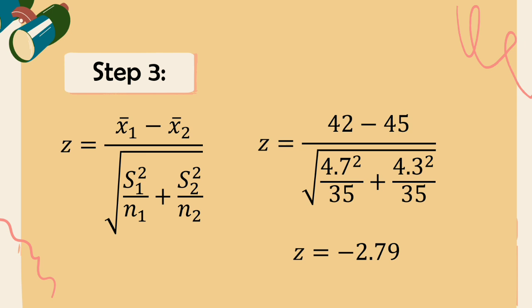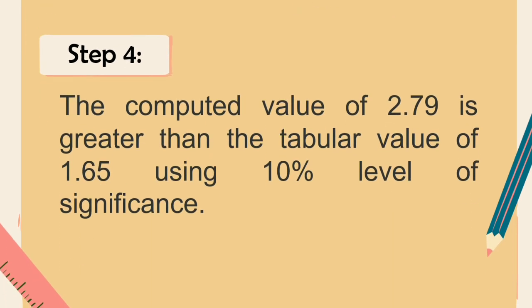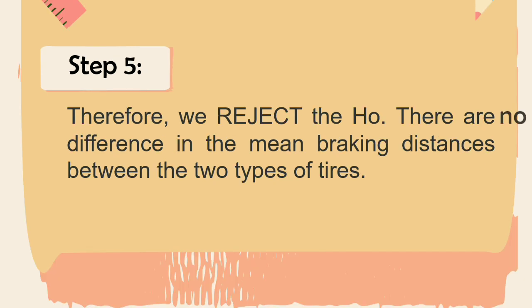Z is equal to negative 2.79. In step 4, the computed value of 2.79 is greater than the tabular value of 1.65 using the 10% level of significance. In step 5, therefore, we reject the null hypothesis. There is a difference in the mean braking distances between the two types of tires.